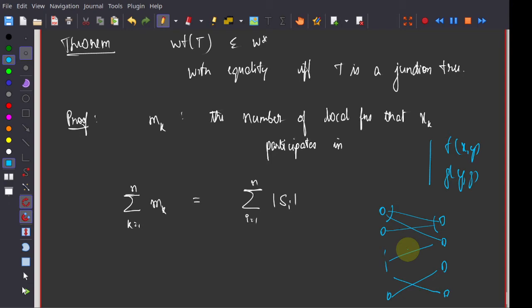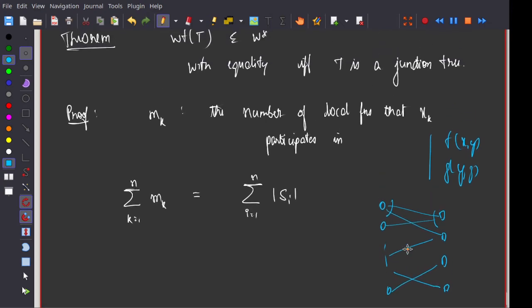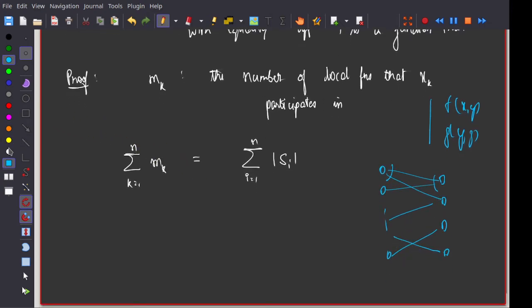Okay. So now let us consider the maximum weight spanning tree, or in fact any particular spanning tree. Let me define something.